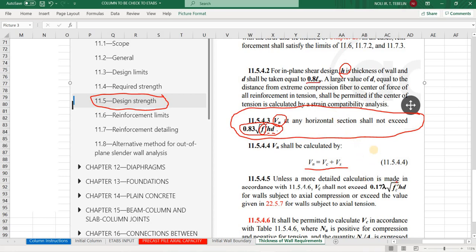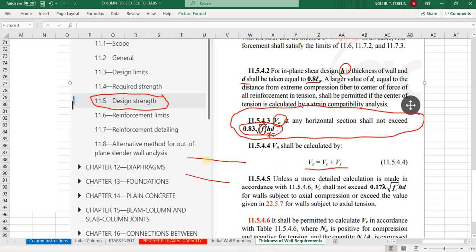So for the in-plane shear design, h is the thickness of wall, and d shall be taken as 0.8 Lw. That Lw is the total length of the wall.